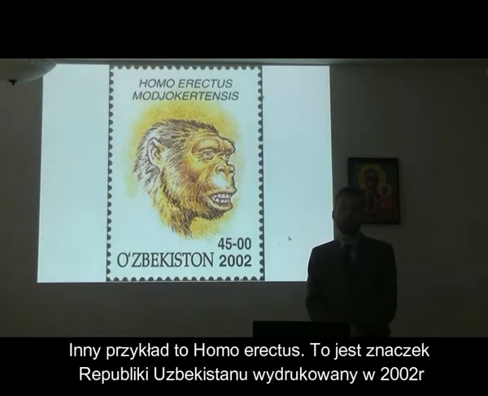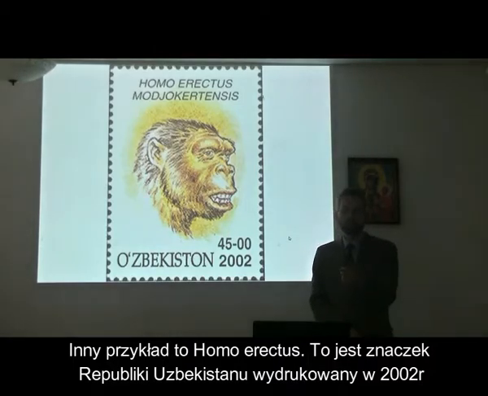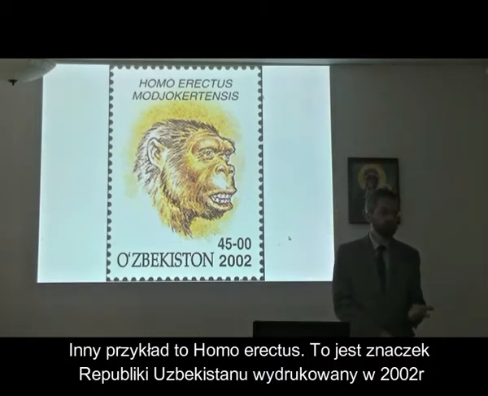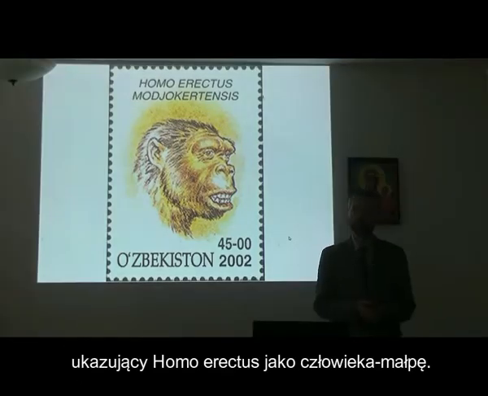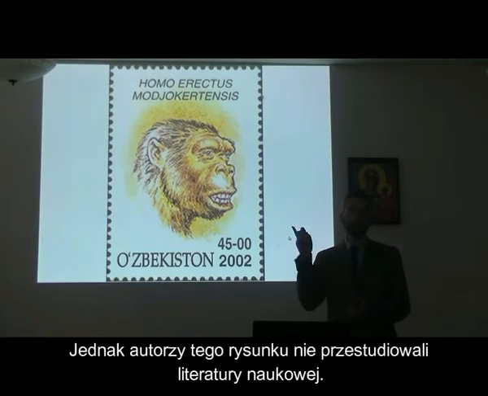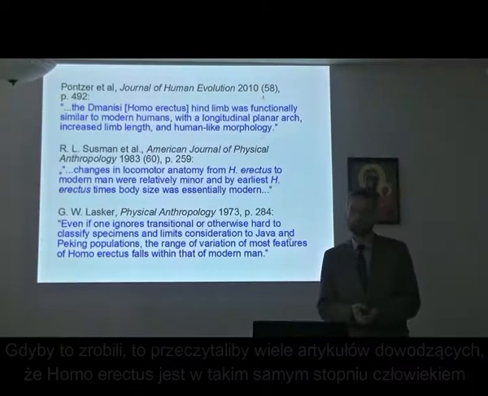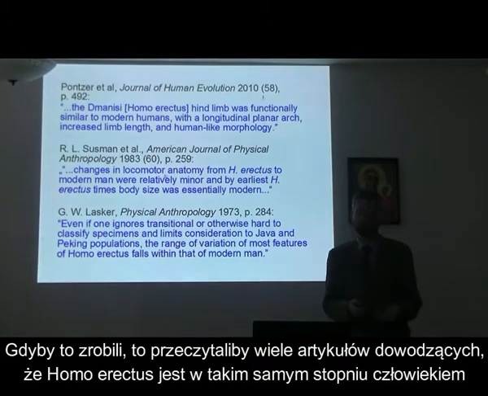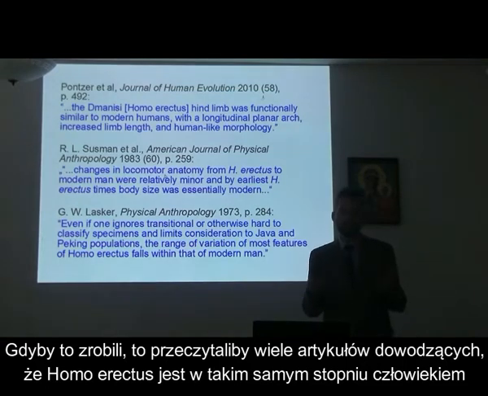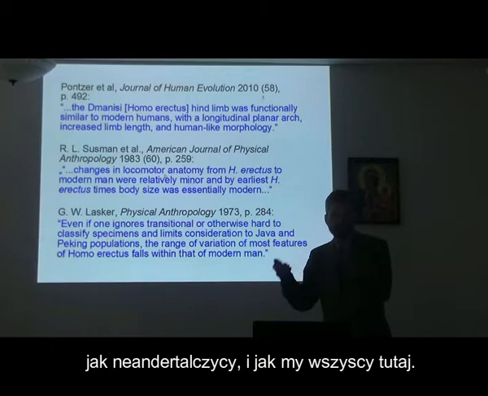Another example, Homo erectus. This is a stamp of the Republic of Uzbekistan, which was printed in 2002, showing Homo erectus as the ape man. However, the authors of this stamp have not studied the scientific literature. If they had, then they would have read many articles which prove that Homo erectus is as human as Neanderthals and as everybody of us here.